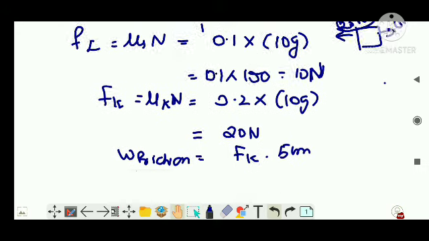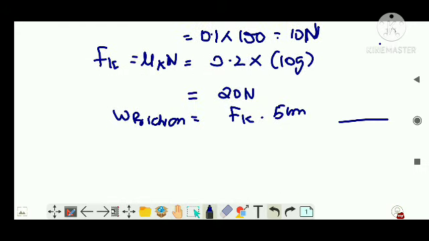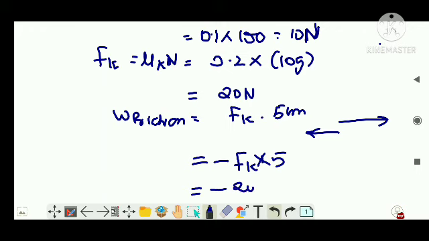Now displacement is in this direction, whereas the friction is in this direction, so the angle between them is 180 degree. That means I will write minus Fk into 5 meter. If Fk is 20, you will get minus 100 joule as the work done by friction.